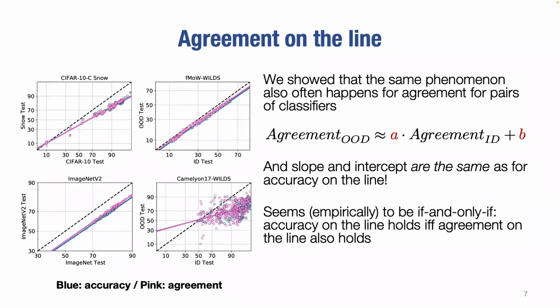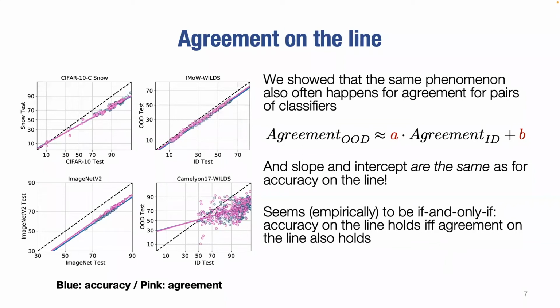Certainly, you can construct cases where one does not formally imply the other. But two really interesting things happen. The first is that it seems empirically so. What I'm plotting here, and I didn't include the label, sorry about that, are the pink points, which are a plot of pairwise agreement between two classifiers from our collection, in distribution and out of distribution.